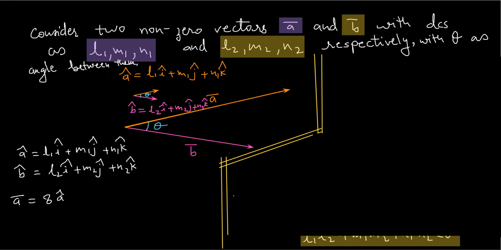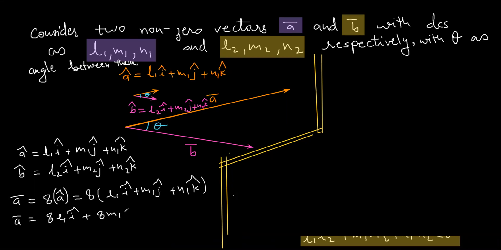Just for the sake of understanding I'm taking it as 8, but you remember this could be any number, even 9 or 7 or 3.5. So A bar will be 8 into (L1 I cap plus M1 J cap plus N1 K cap), that is 8 L1 I cap plus 8 M1 J cap plus 8 N1 K cap. This is what I will get.